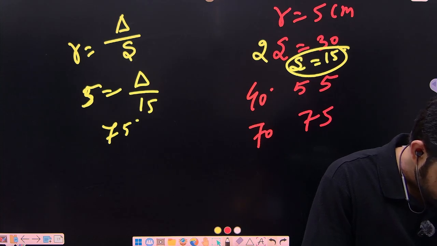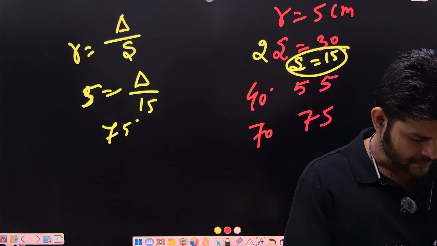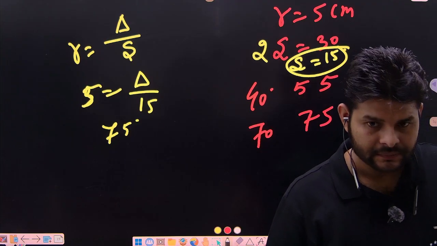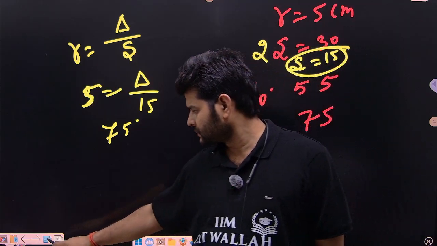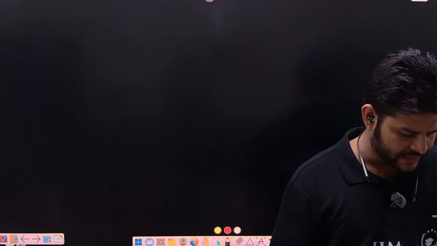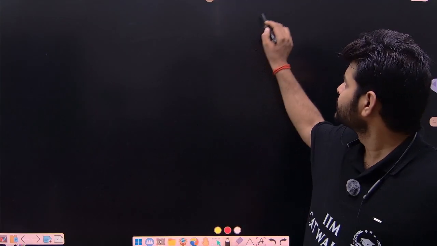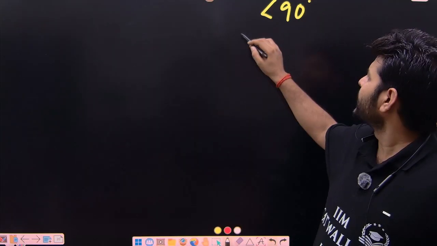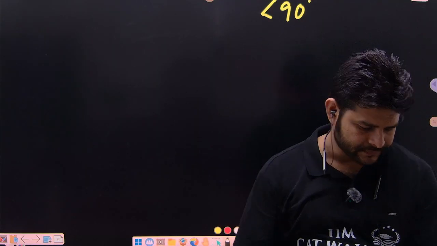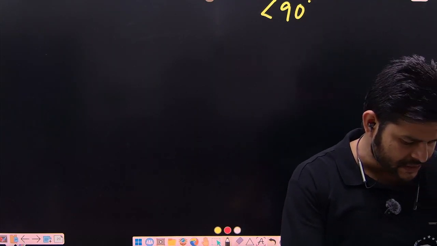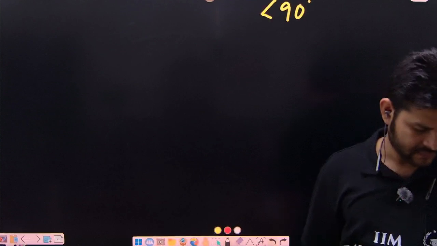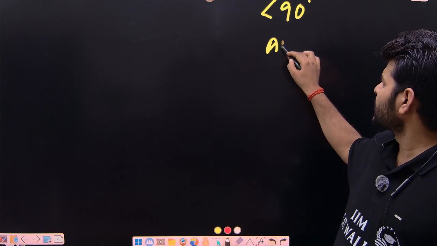Now the question is: in a right angle triangle, angle B is equal to 90. AB is equal to 3 centimeter.